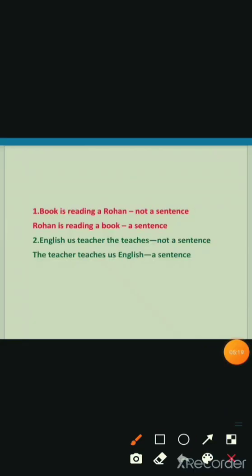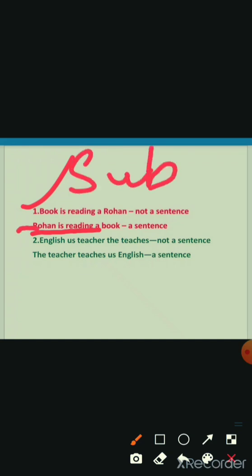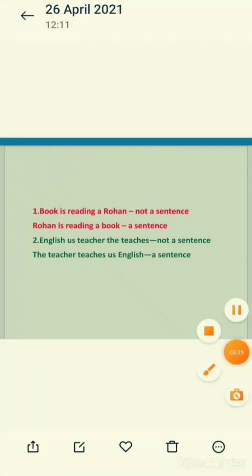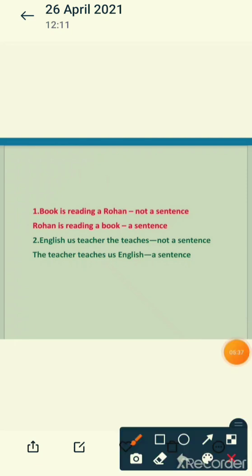Look at the sentence over here that I have already explained to you. Rohan is reading a book. Rohan is the subject. Is is the helping verb.